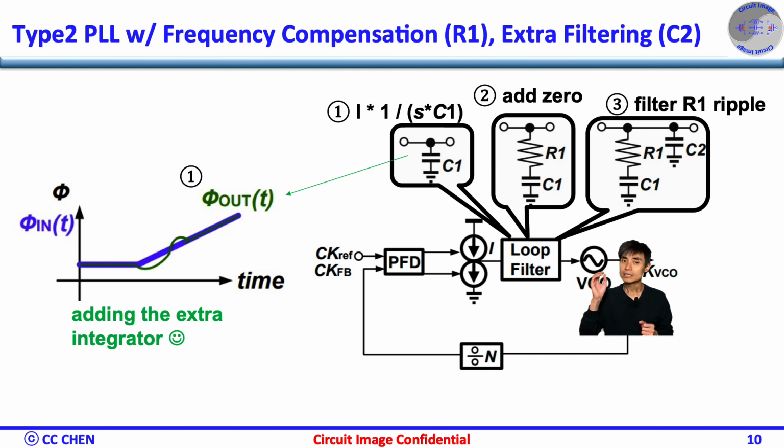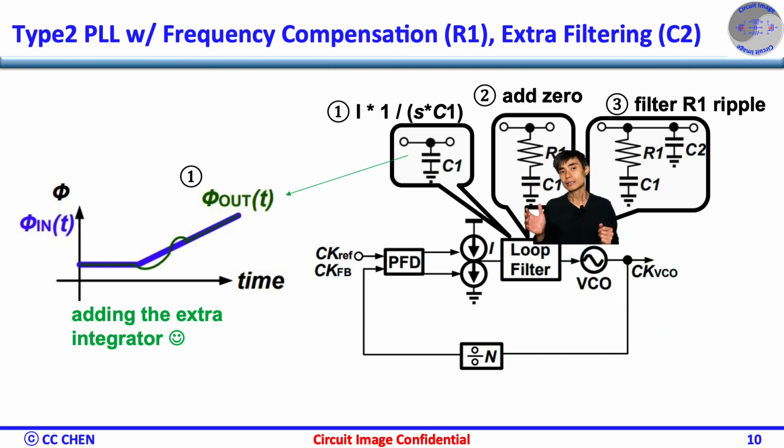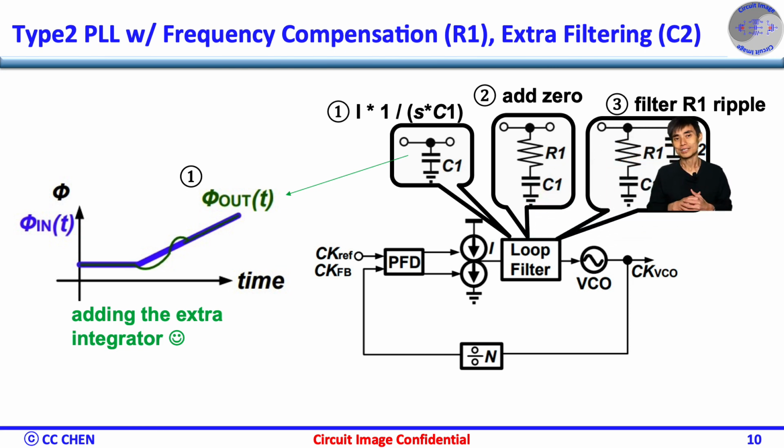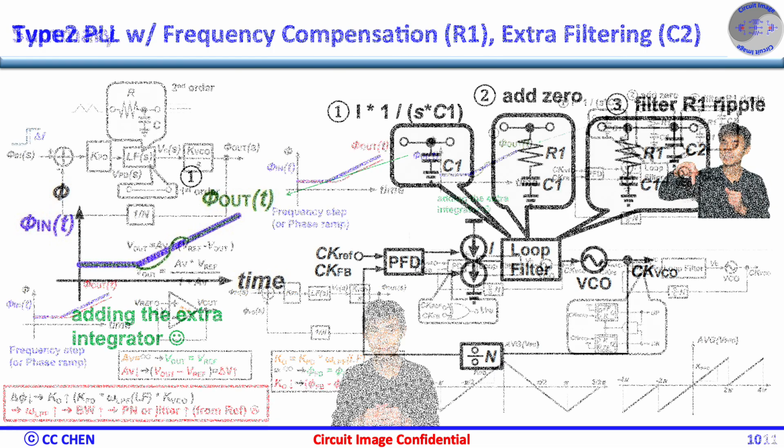Therefore, a simple frequency compensation is needed by adding an extra zero, which is another R1 in series with the C1. Unfortunately, the R1 will cause the voltage ripple and spur we don't want. Therefore, the capacitor C2 is often added for additional filtering to reduce the reference spur.